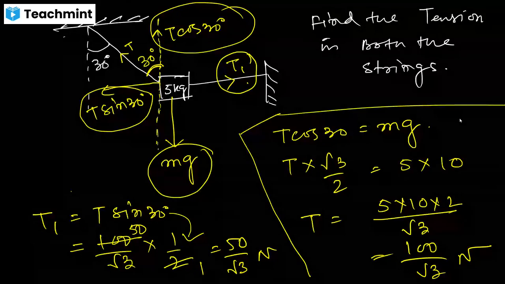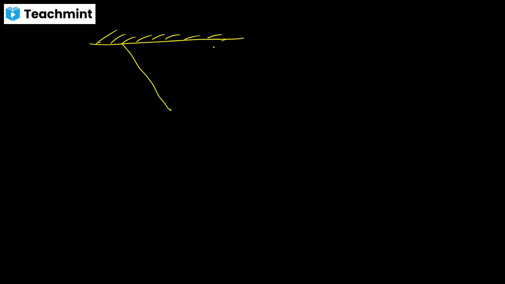Now, whether it is completed, everyone, do you have any doubt? No, sir. Okay. Now the next diagram is, suppose there is a fixed plane with respect to which an object is attached with both of the strings. This object is having a mass of 2 kg. In this case, I am giving you the angle of inclination.